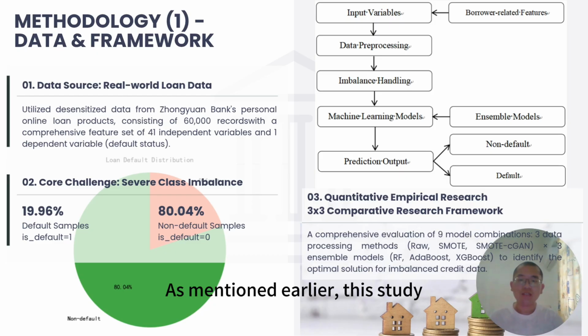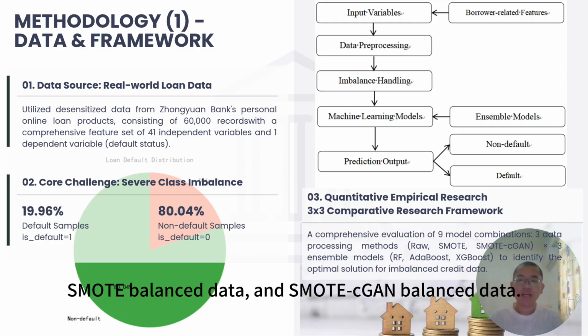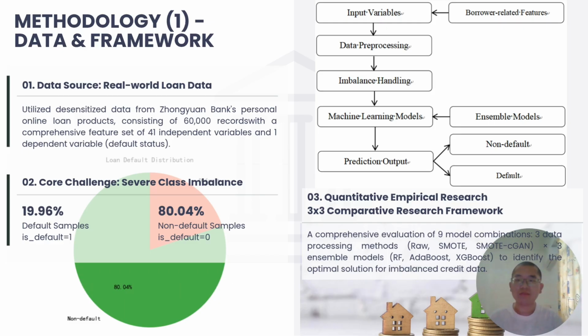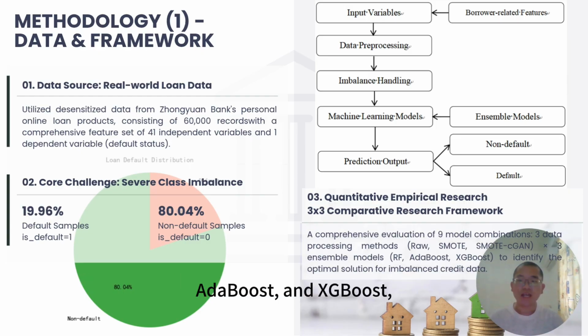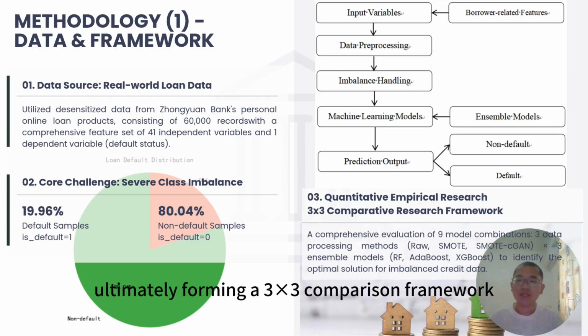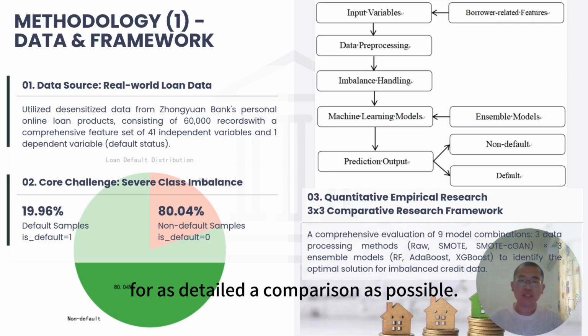As mentioned earlier, this study utilized three types of data: raw data, SMOTE data, and SMOTE-SIGAN balanced data. Simultaneously, it employs three typical ensemble models: random forest, AdaBoost, and XGBoost, ultimately forming a 3x3 comparison framework for as detailed a comparison as possible.